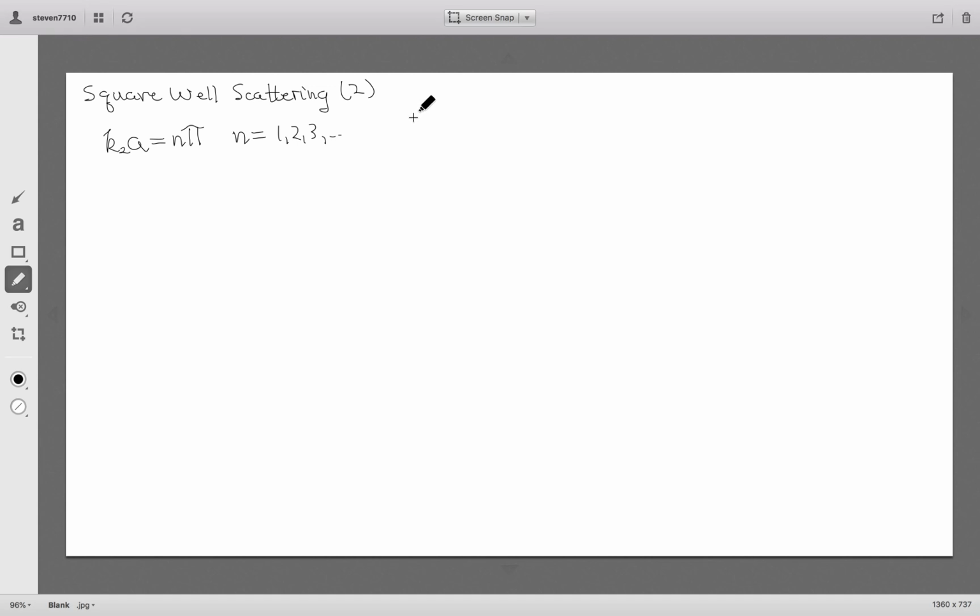Recall, k2 was our square root of 2m (E plus V0) over h bar squared.